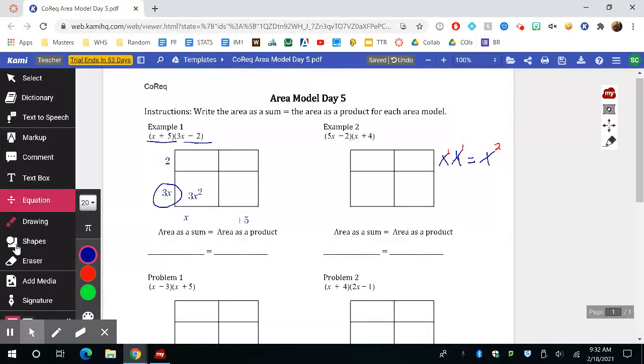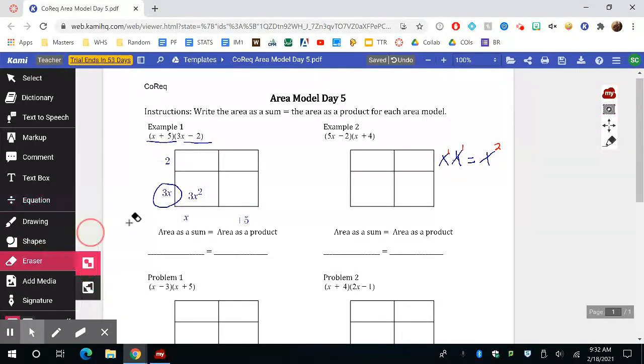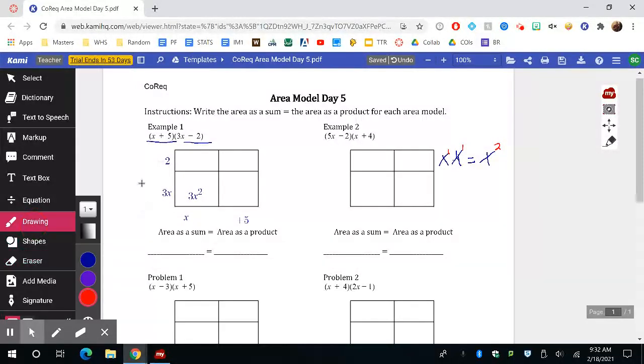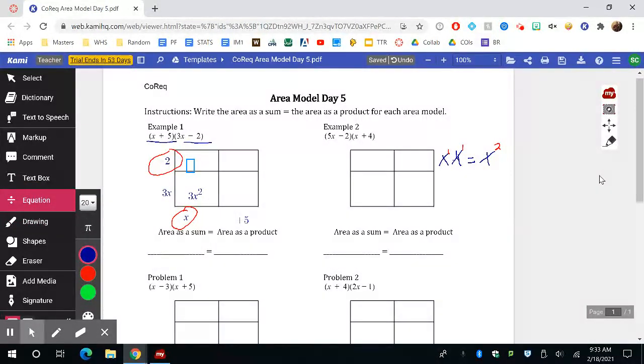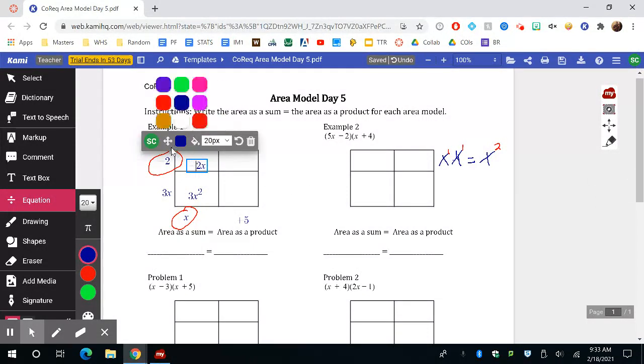Okay, now to move on to the next part, I'm going to multiply negative 2 times x. So negative 2 times x, that's going to give me negative 2x. Okay, so that's what I'm gonna write there. Negative 2x.